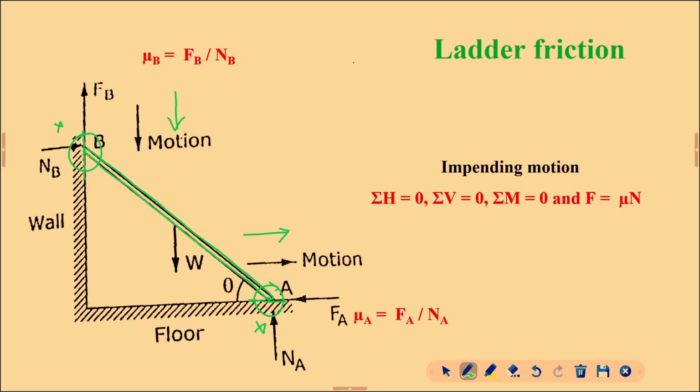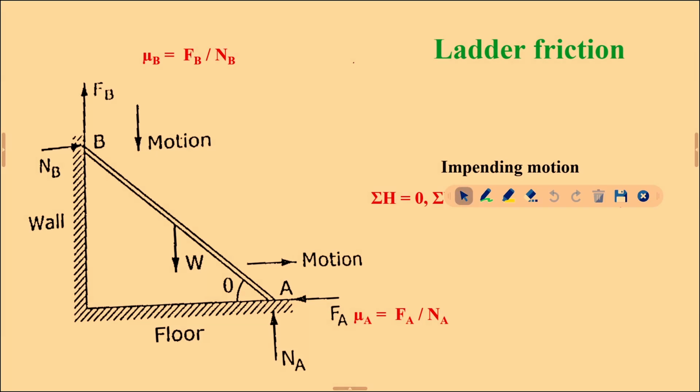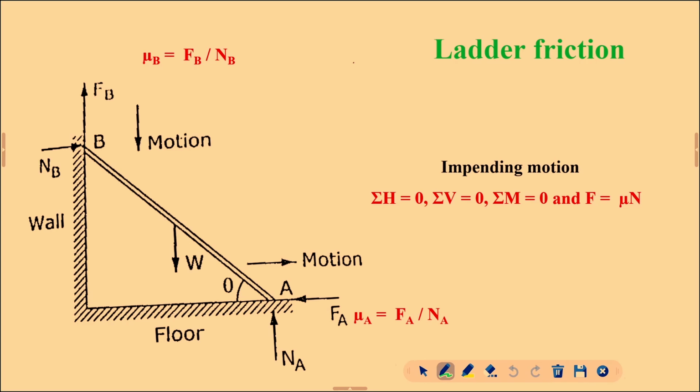But we have friction. What will happen? This will not move. So, the first condition is to assume that there is no friction on both ends; the ladder will start moving.